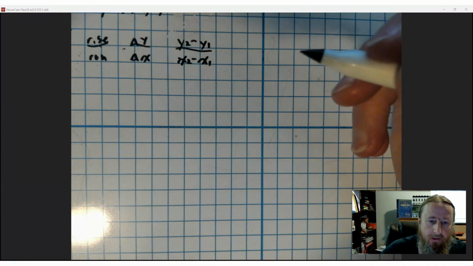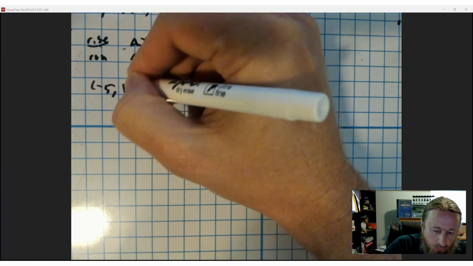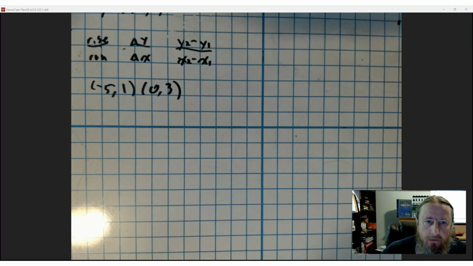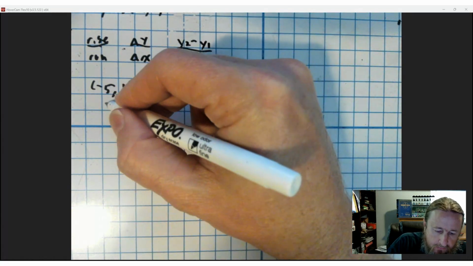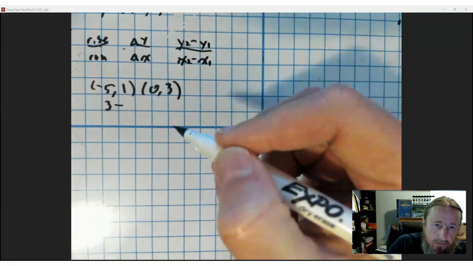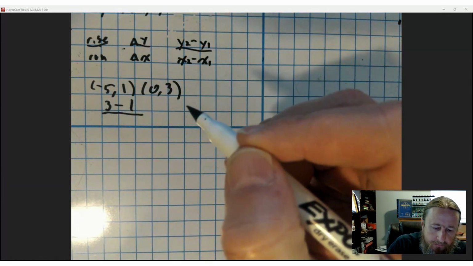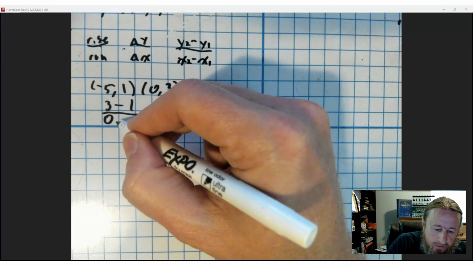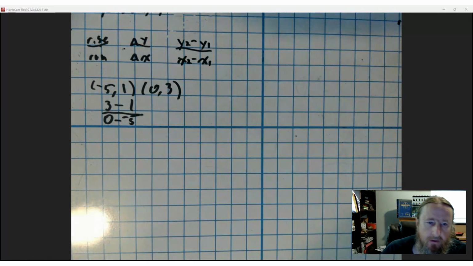Our first line passes through the points negative 5, comma 1 and 0, comma 3. So we're going to use our y2 minus y1 and say y2 is 3 minus y1 is 1 over x2 is 0, x1 is negative 5, so we say minus negative 5.